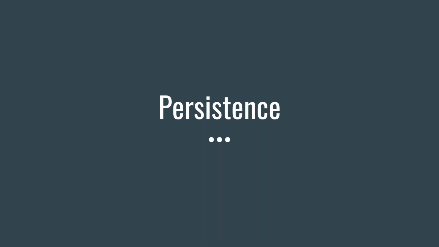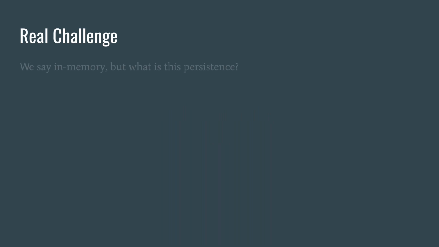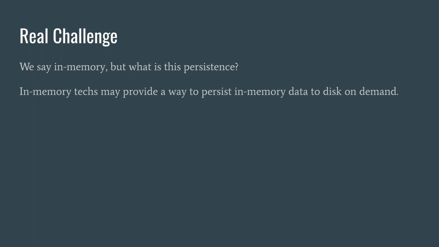Okay, until this part, we talked about Kubernetes, the infrastructure abstraction. And now, what about the persistence? We say in-memory, but at the same time, we are saying persistence. In most in-memory technologies, there is somehow persistence support, right?